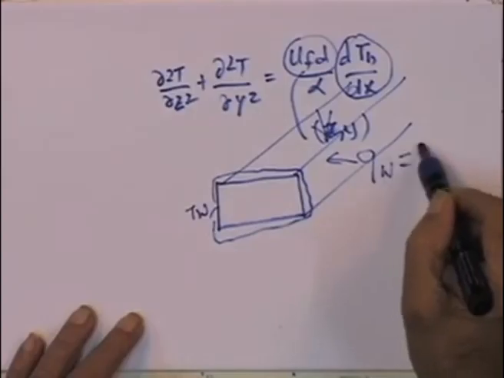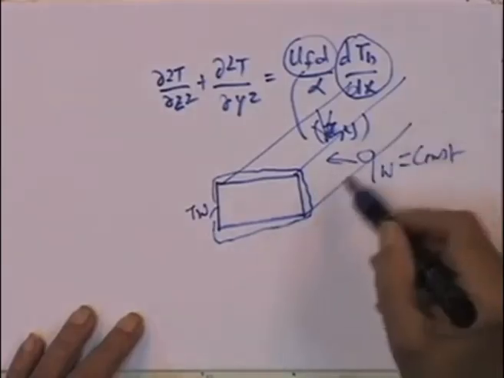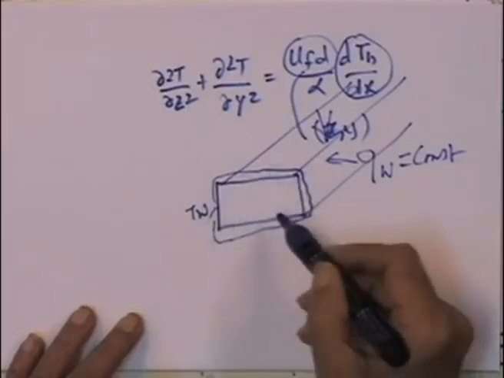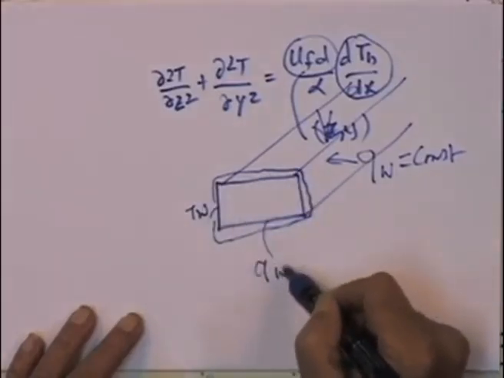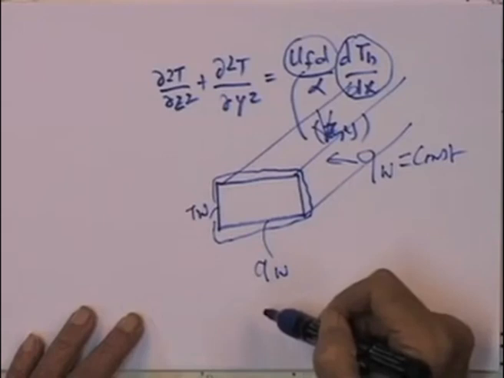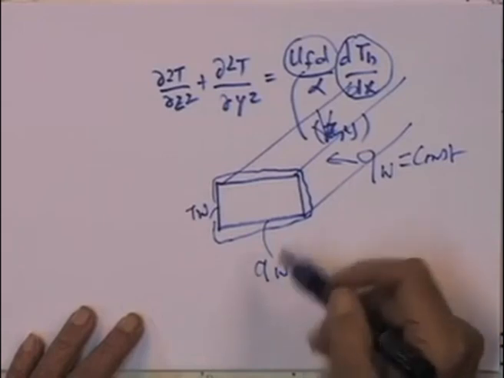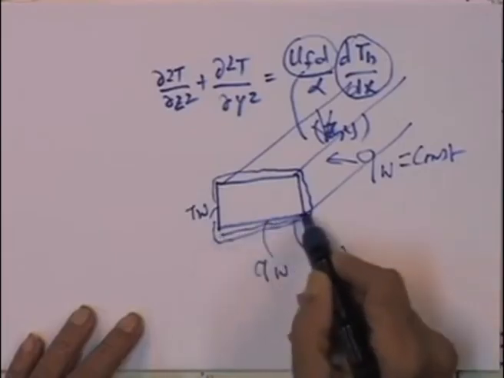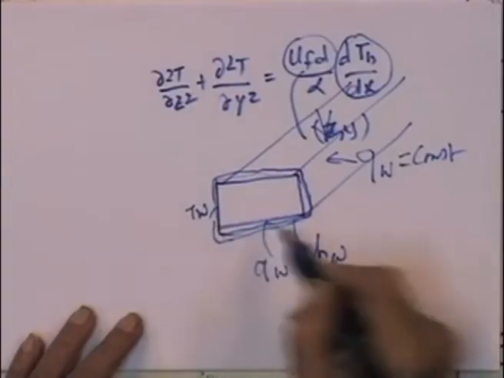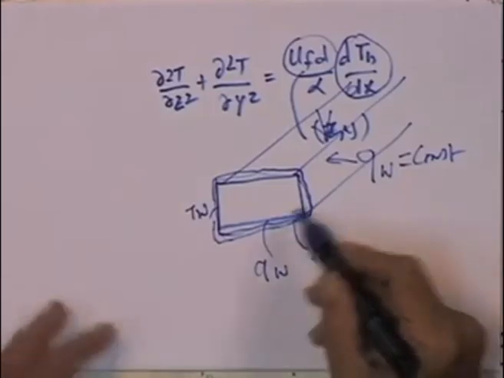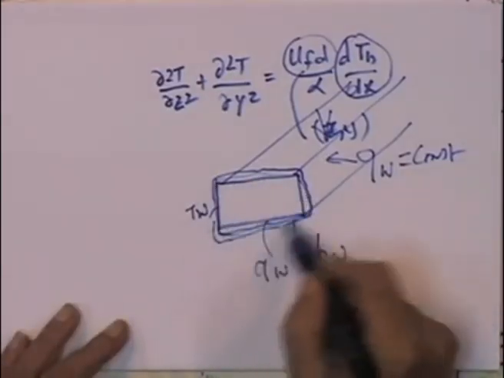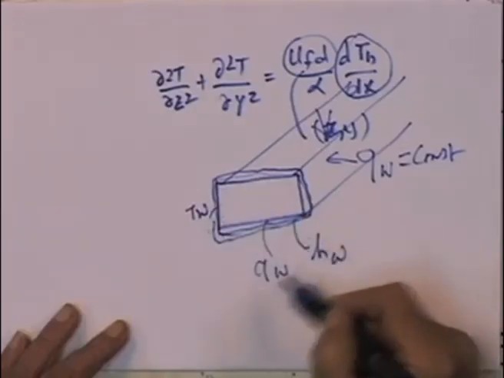Q w is constant in the axial direction, but circumferentially T wall may vary or even Q wall may vary, or when we have a convective boundary condition, even the heat transfer coefficient h w on the outside of the duct can vary. So, we have three possibilities of T w varying, Q w varying or h w varying.